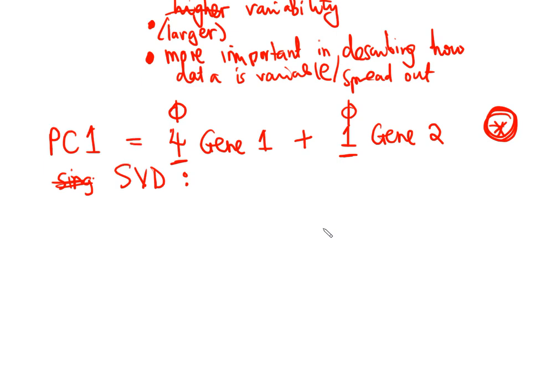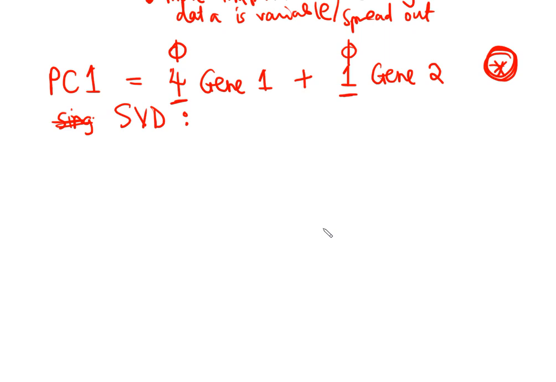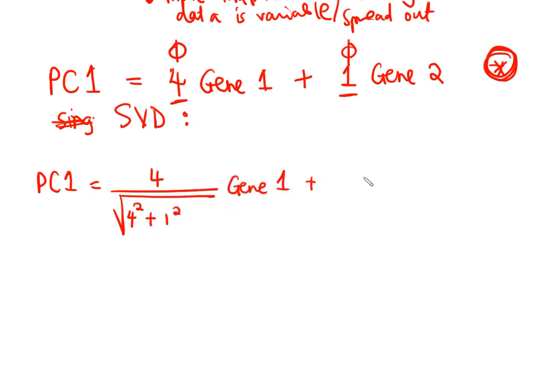How do you make them add up to 1? You just divide by the square root of the summation of the squares, the norm distance. So my PC1 is going to be 4 divided by the square root of 4 squared plus 1 squared, times gene 1, plus 1 over the square root of 4 squared plus 1 squared, times gene 2. That's basically what you do.